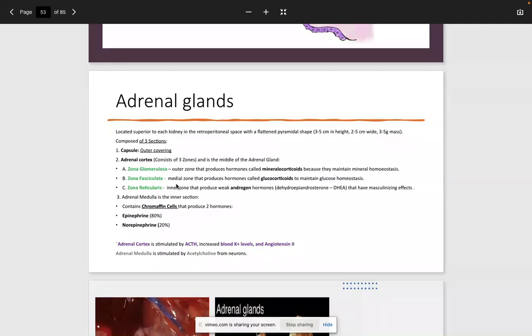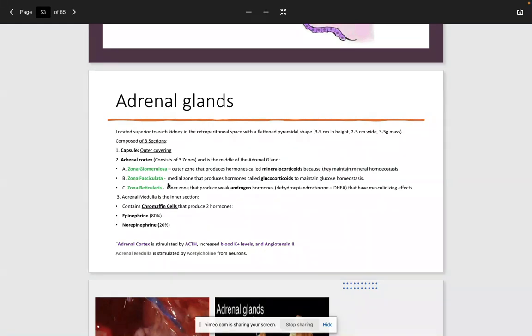There is a mnemonic that I want you guys to know. Go, fetch, rex, salt, sugar, sex. What does that mean? So the zona glomerulosa, which is go, this is going to produce a salt, also called a mineral corticoid. That mineral corticoid is going to be aldosterone.